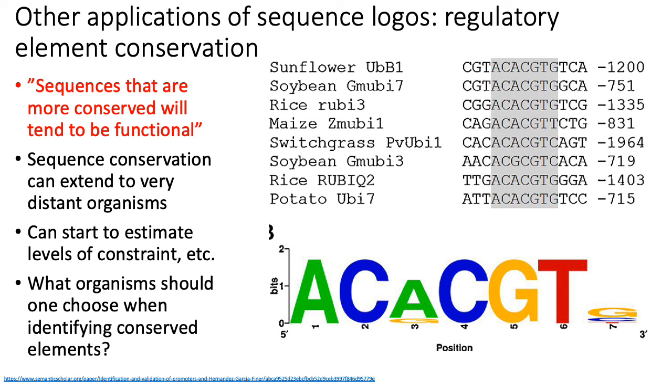And again, the general idea when you're looking at multiple genome alignments and using techniques like sequence logos and many other phylogenetic-based approaches to look at sequence conservation is that generally speaking, sequences that tend to be conserved across evolution will tend to be functional. That's not always true, but it's a working hypothesis. And so again, sequence logos play an important role in visualizing where the conserved regions of sequence alignments are.